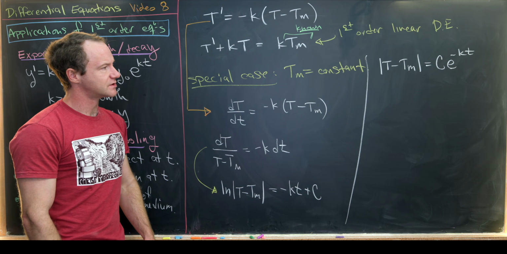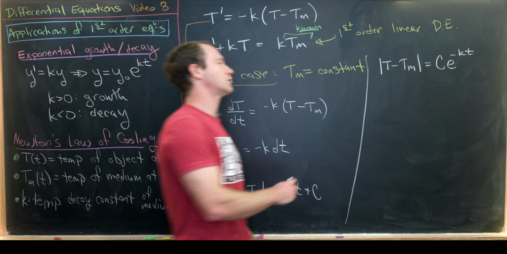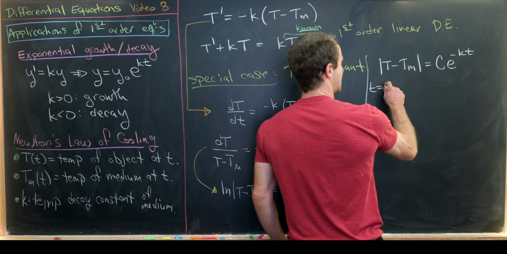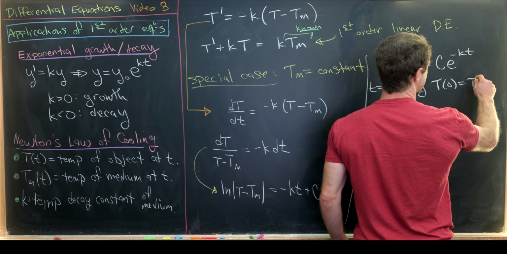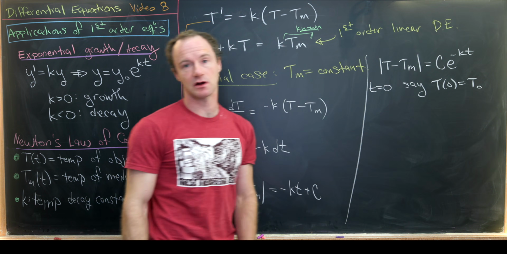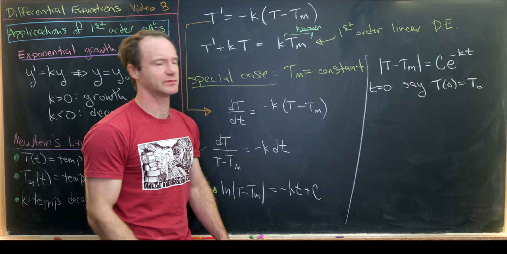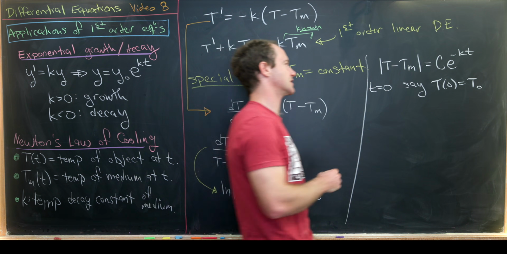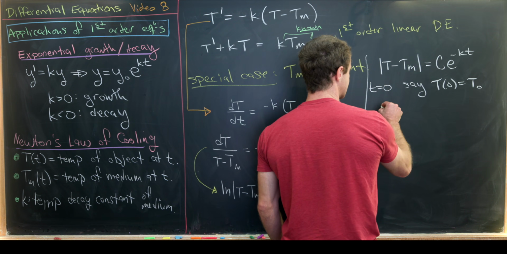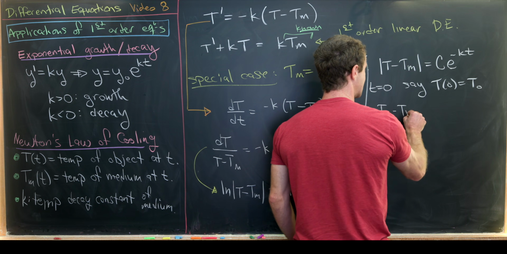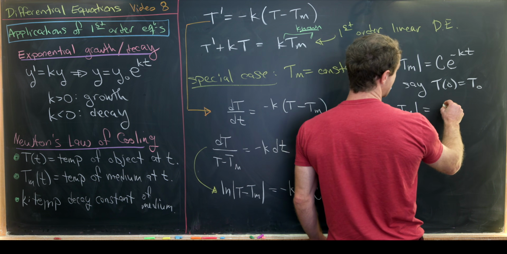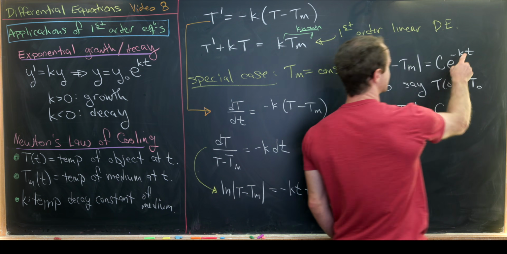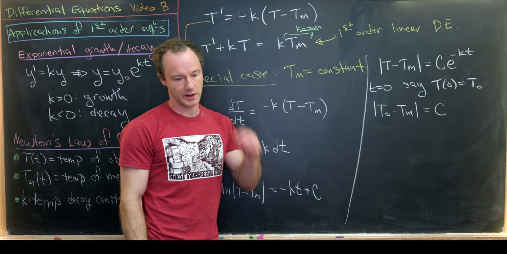Now let's set t equal to 0 and say that T evaluated at 0 is T sub 0, in other words, the initial temperature. We're introducing some notation here. That turns this into the absolute value of T sub 0 minus T sub m equals our number C, because e to the 0 is 1.